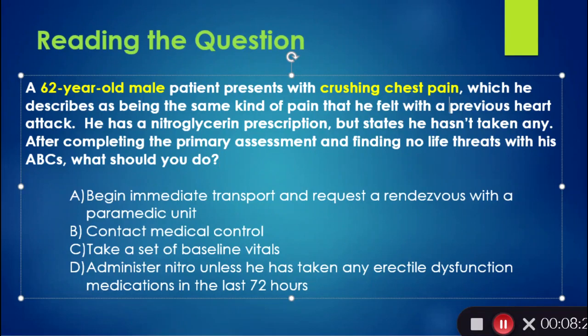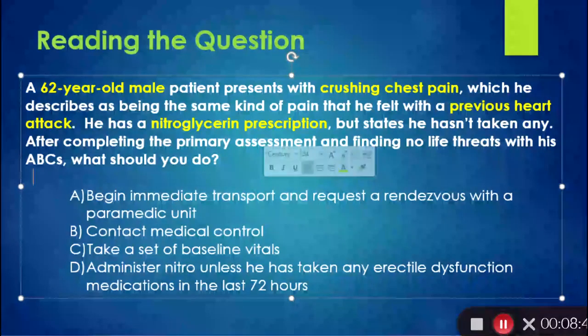So that previous heart attack is an abnormality, and it's definitely significant. Okay, he's got nitro prescribed, but he hasn't taken any. So let's identify he's got a nitro prescription. Okay. All right. So no life threats. That's normal. That's what we like to see.